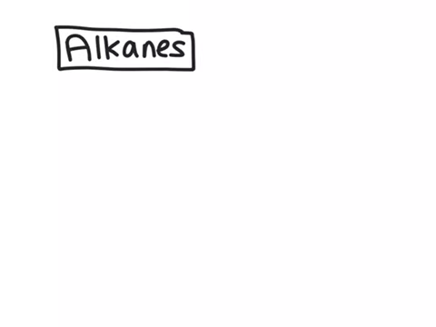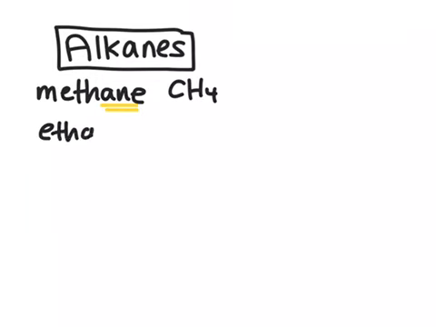We can draw and name all of our alkanes. So we'll start with our 1 carbon alkane. This is methane. So the suffix here, ane, tells us that it's an alkane. So methane has the formula CH4. Next up is ethane. Again, same suffix, C2H6. And we can draw this as a line diagram like this.